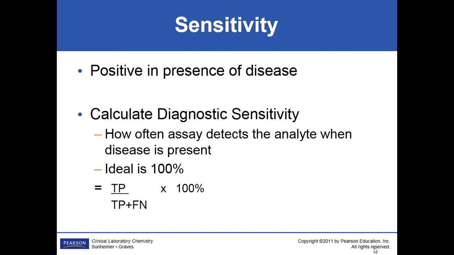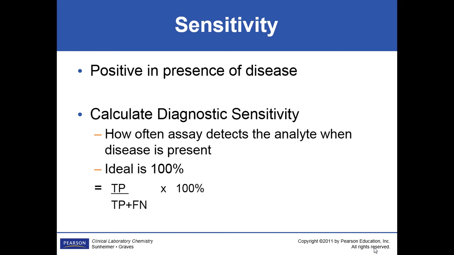We're trying to calculate how often we detect the analyte when it really is a disease. Okay? That means we're going to have true positives, that's when we have the disease, as opposed to false positives or negatives.